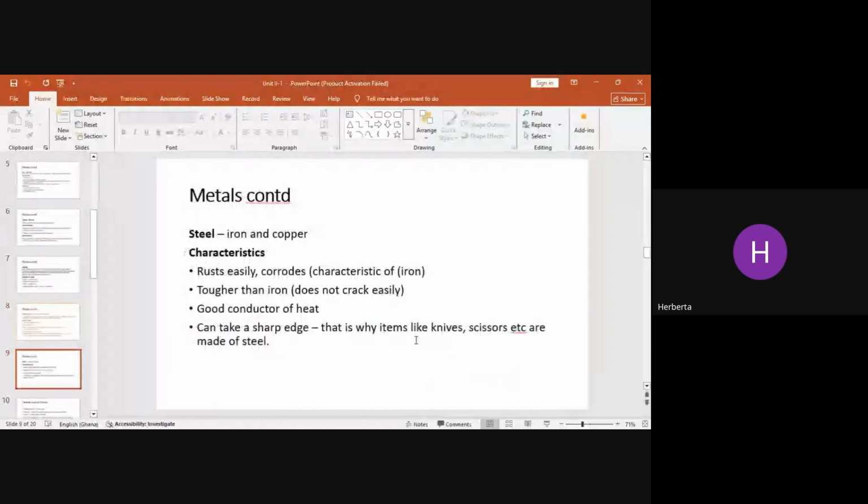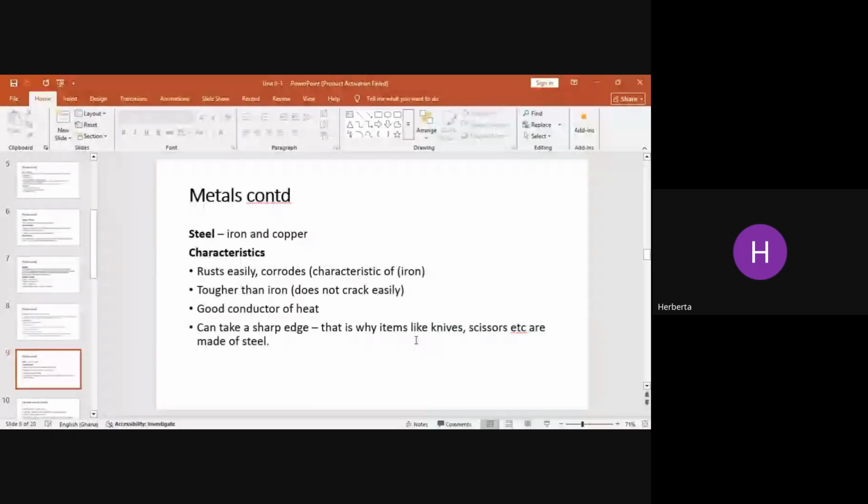Steel. We've seen that steel is also an alloy that is made up of iron and then copper. What are the characteristics of steel? It rusts easily. It corrodes. They are tougher than iron.